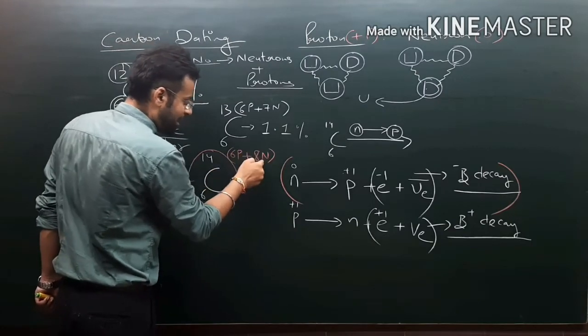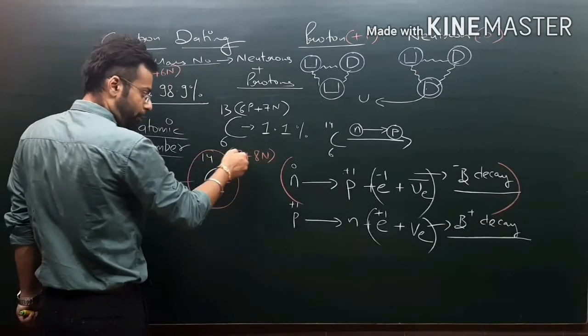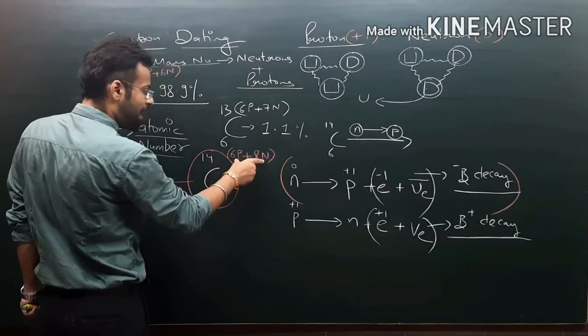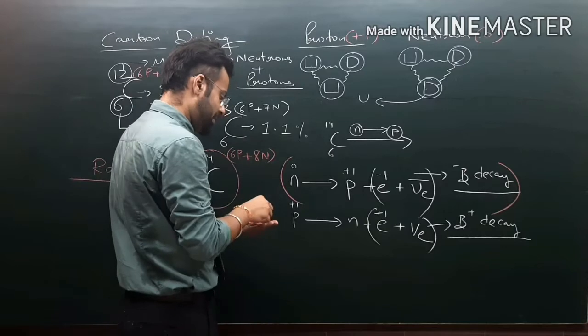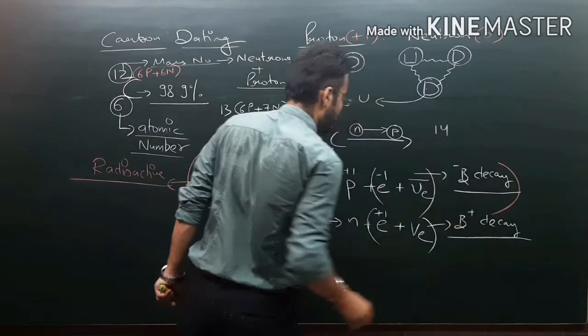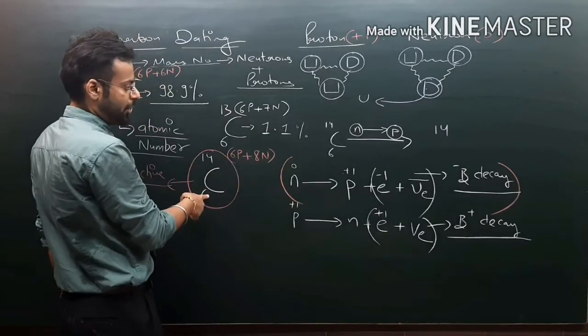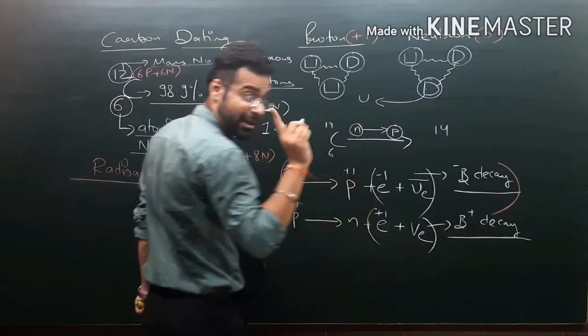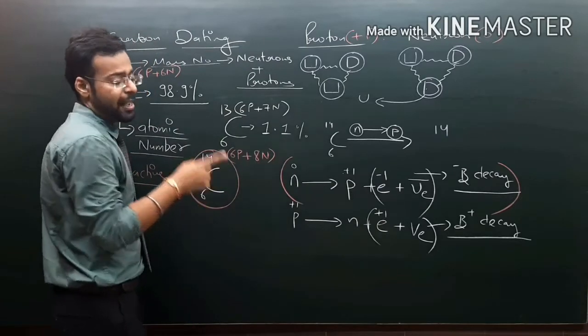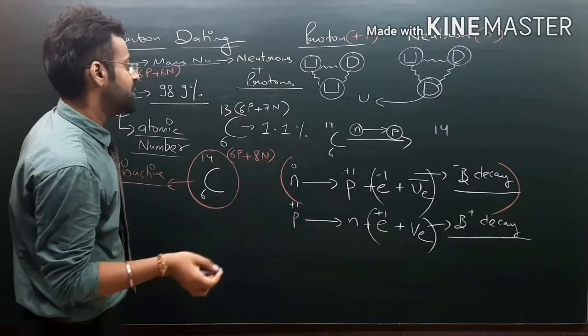So when one neutron converts into a proton, the protons become 7 and the neutrons become 7. Overall the mass number remains the same, so the mass number is still 14. But the atomic number changes to 7. And as soon as the atomic number changes to 7, as I told you, the name of the element changes.